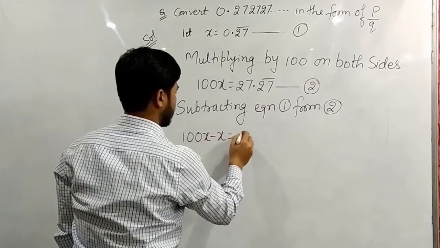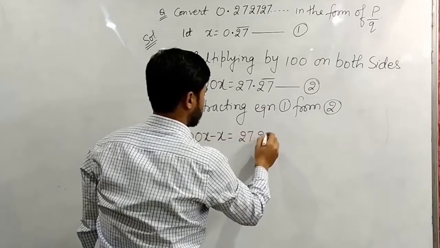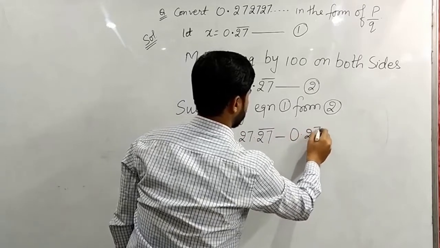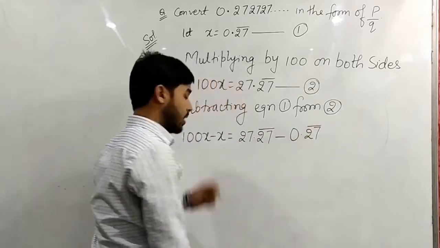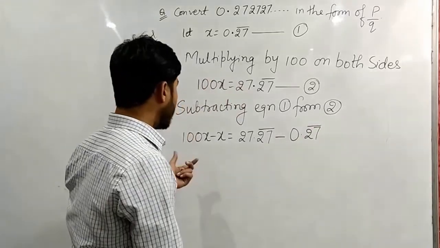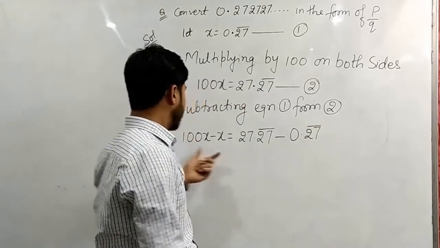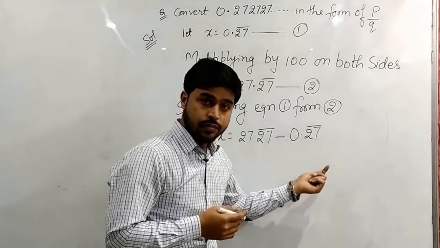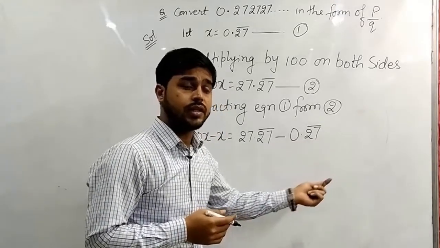So here 100x minus x is equal to 27.27 repeating minus 0.27 repeating. Now the digits after the decimal are again the same, so we are going to get 0 after the decimal.